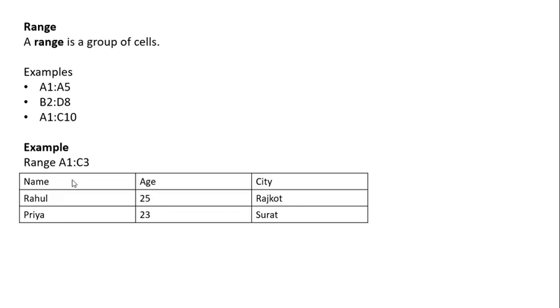So we select from the first column, first row to the third column, third row, and all the data is shown in this table.